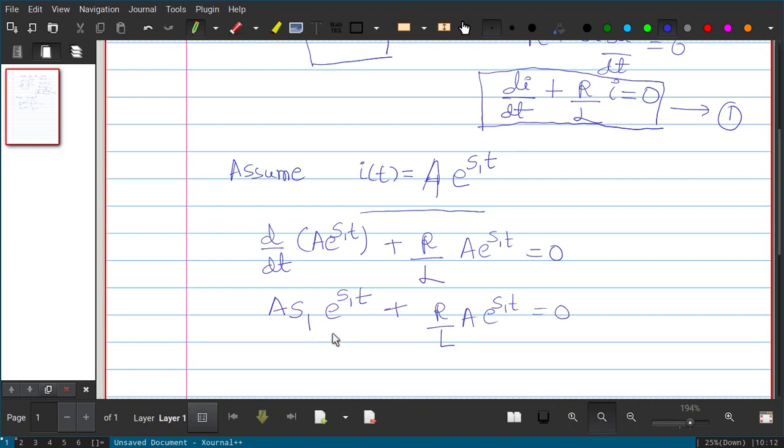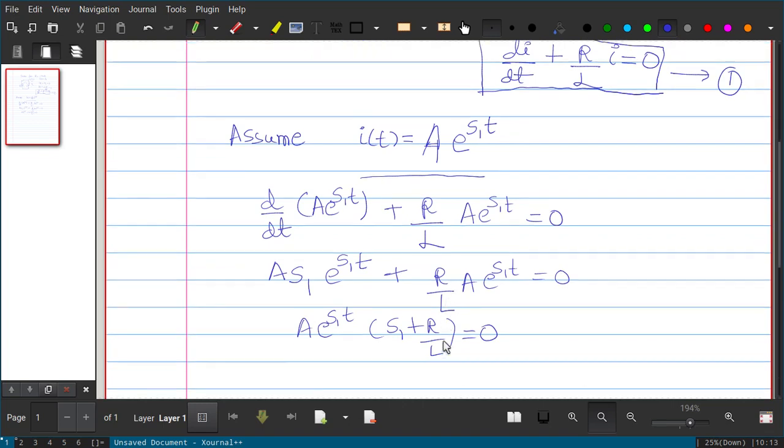Now how can we further solve? The common term A into e power s1 t we can take outside, and the remaining is s1 plus R by L equal to 0. If we find the solution for this expression, then we can easily find the response i(t).